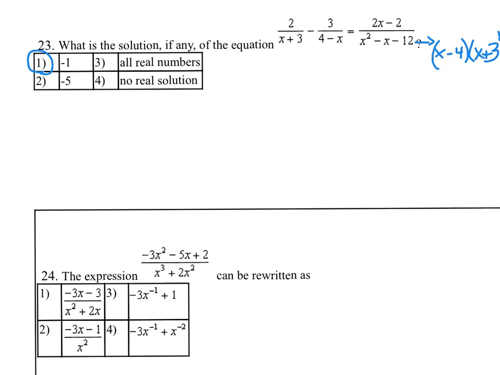So I notice that my first denominator over here shares a factor of x plus 3 over here. However, look at my second denominator. This is 4 minus x, and this is x minus 4. Those are opposites of each other.